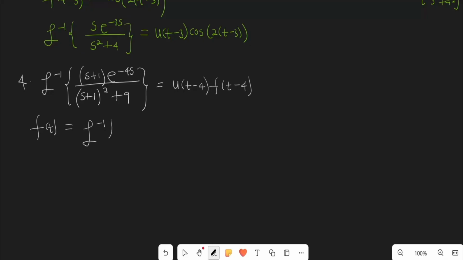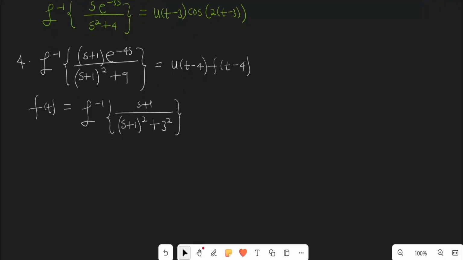So now f of t is the Laplace inverse of the remaining function. What is remaining? That is s plus 1 divided by s plus 1 all squared plus 9, which can be written as 3 squared, like this. Cool. So this one is like applying the first shifting theorem of the Laplace transform. That is like shifting the variable s by -1.